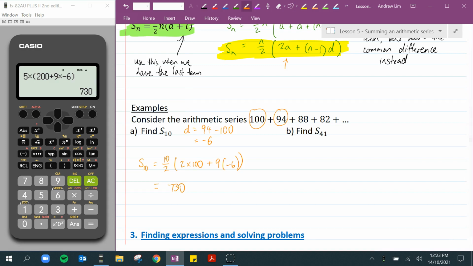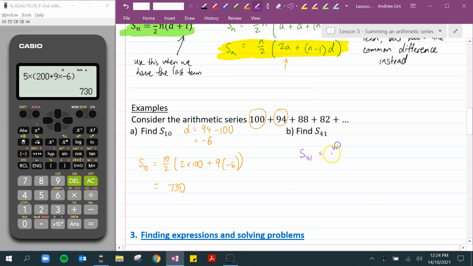Okay, what about question B? Find the sum of the first 41 terms. How about I get you to pause the video and have a go with this one yourselves. Okay, so the sum of the first 41 terms.